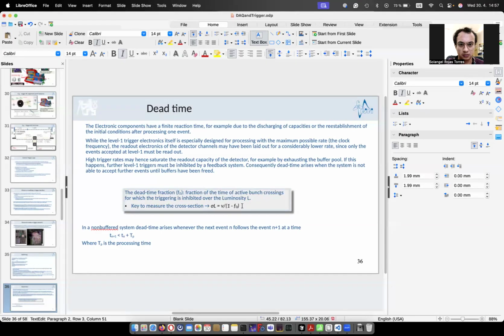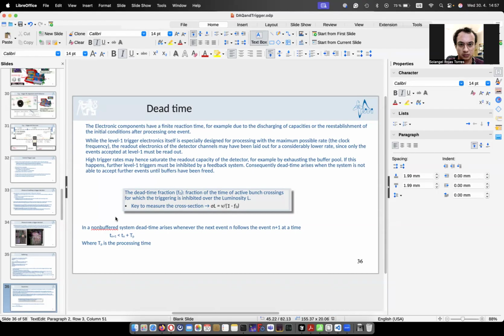So you need the FD to be a fraction of time over some different time. You need seconds and seconds, because you subtract it from 1, which is unitless. So yeah, this is a fraction. This is unitless. But you cannot have luminosity there, because luminosity does not have a unit of second.